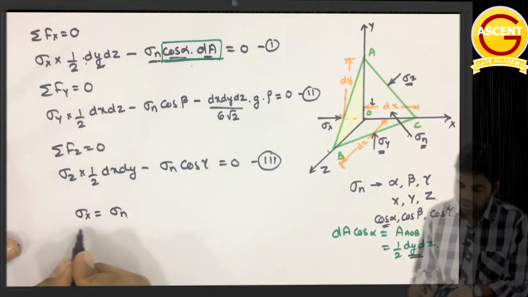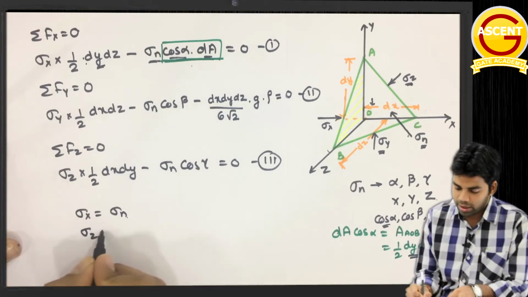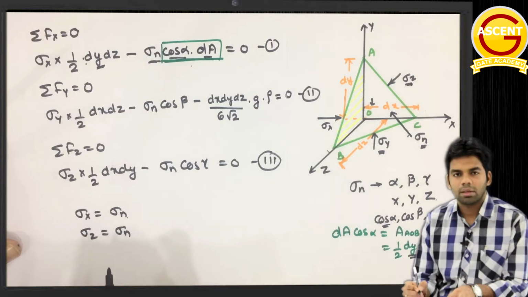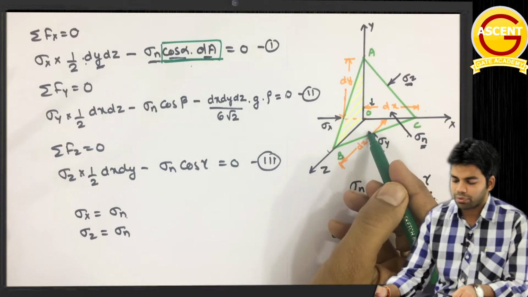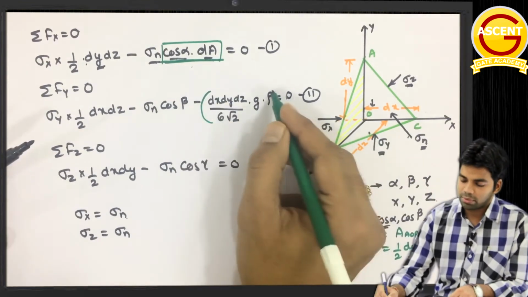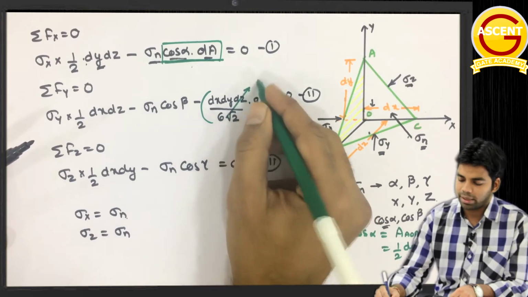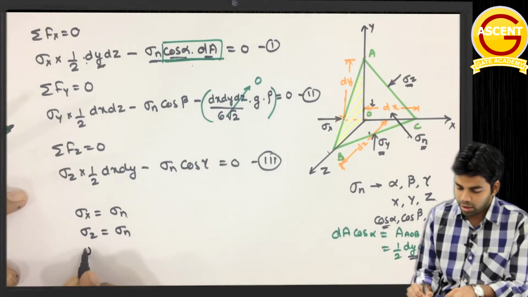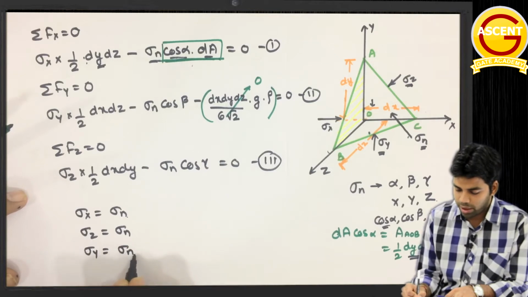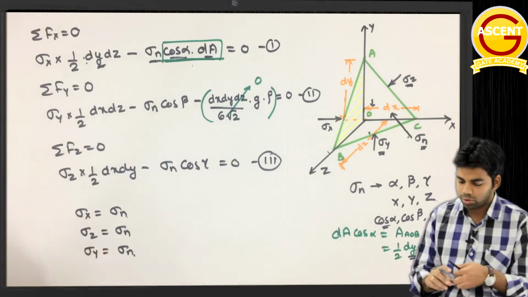Similarly, from equation 3, sigma z is equal to sigma n. And from equation 2, because this is a very, very small element, as we have considered this as an infinitesimally small element, the weight of this element can be neglected, and further sigma y is equal to sigma n. Now this is a very, very important conclusion.